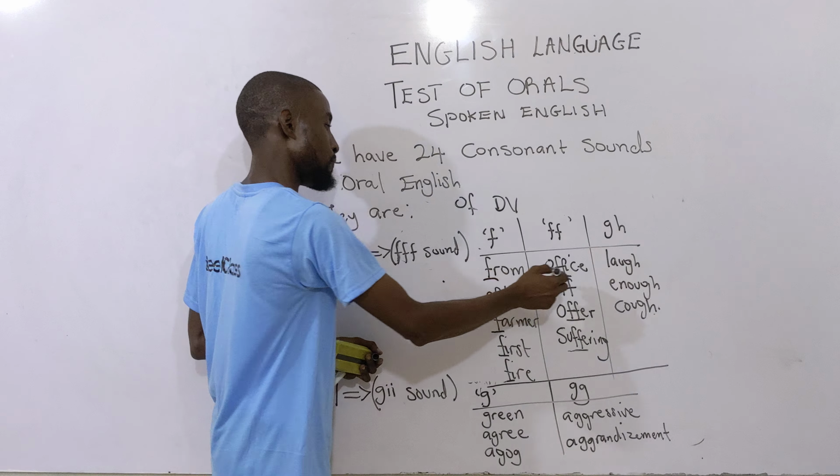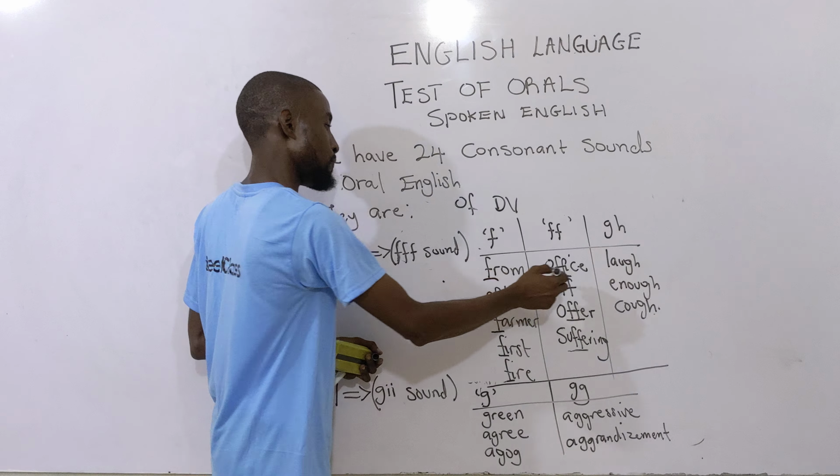That is the F sound for GH. Then we have cough. So that's that for this. We are going to look at transcription subsequently, so you know how to connect all these letters alongside the various sounds.